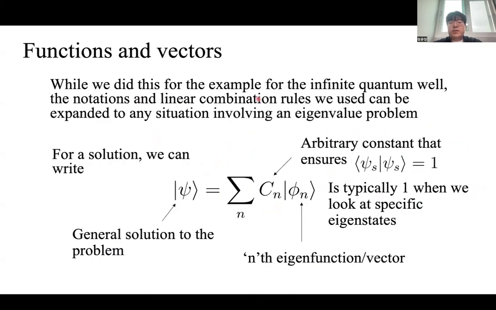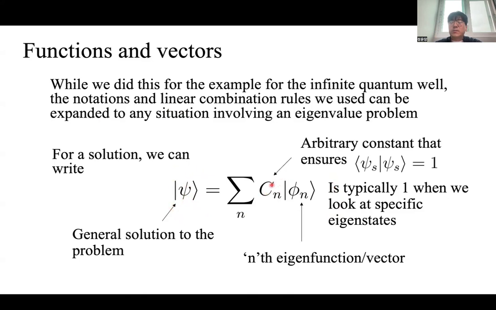So we did this for the infinite quantum well case, but as I said earlier, the concept of going from functions to vectors is rather general. So we can do this for an arbitrary solution in quantum mechanics. Because of that, from now on, when we write a general solution for a quantum mechanical problem, we're just going to write it always like this.